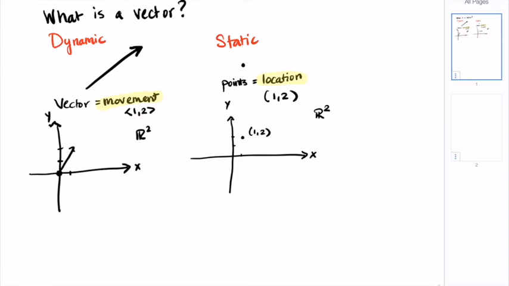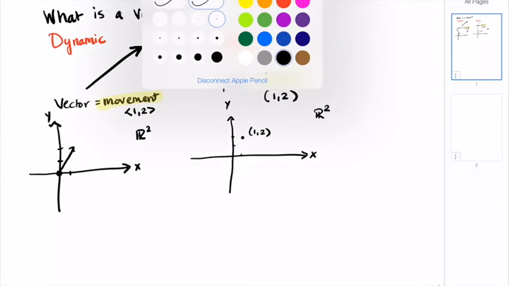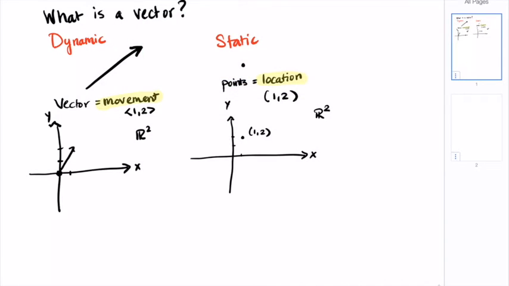But vectors don't have locations, points do. So even though I could think of this vector as starting here at the origin, I could also think of it as existing here. And it doesn't really matter where I draw it. So I can put it anywhere on here, and it's still the same vector.